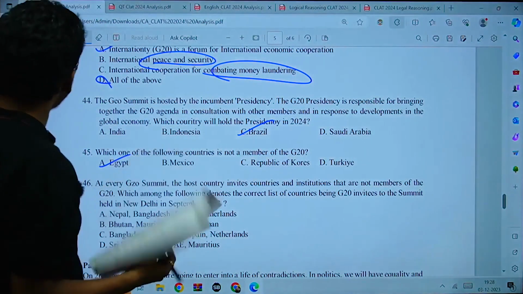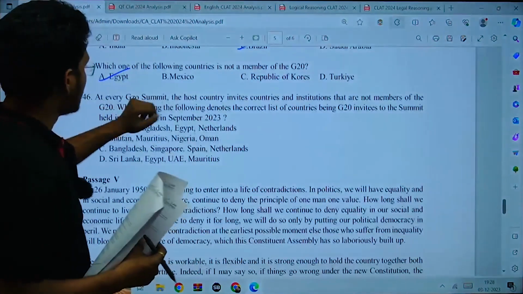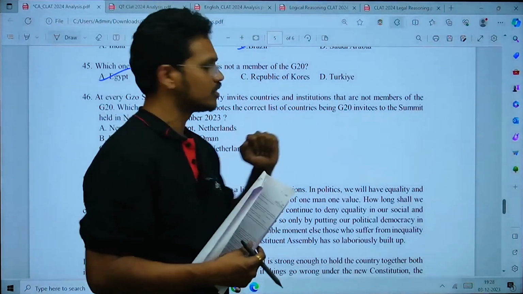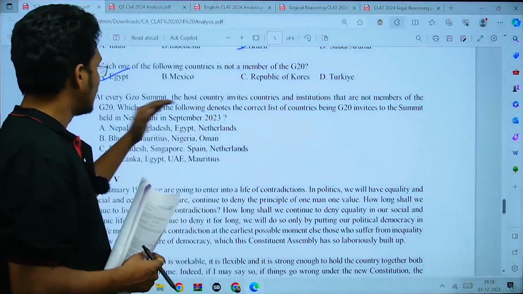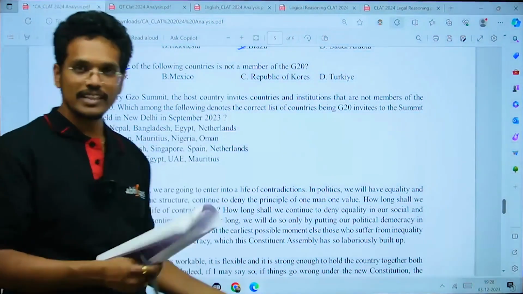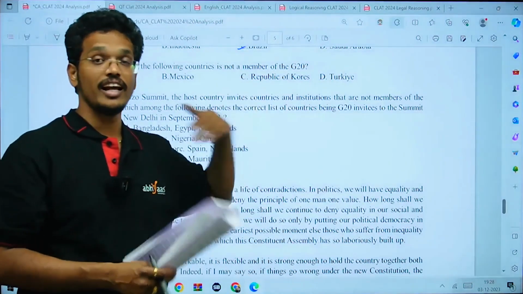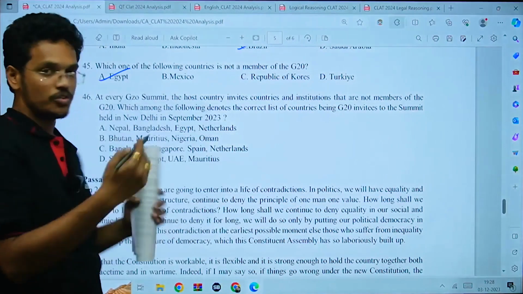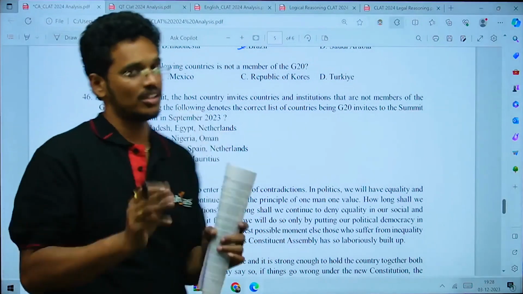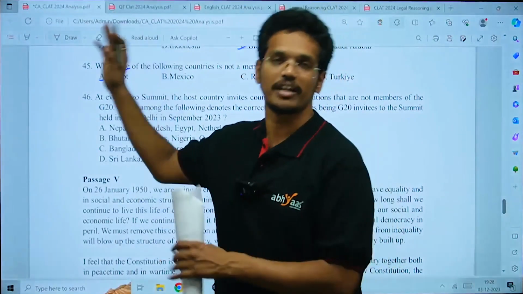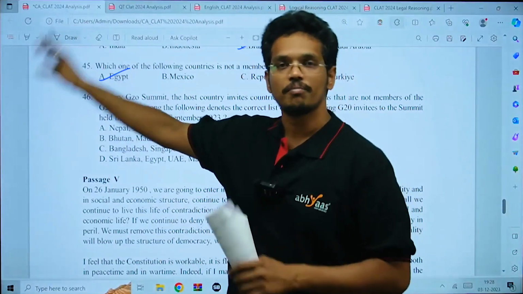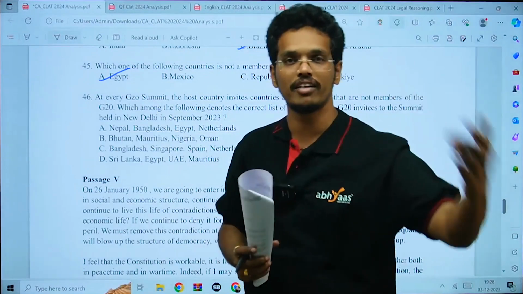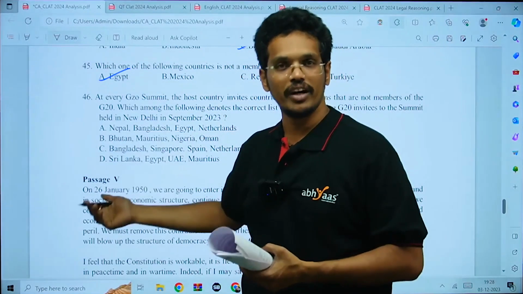Next, 46. At every G20 summit, the host country invites countries and institutions. Which countries were invited to the present G20? India invited which countries? You need to remember the countries which were invited by India. This is the most difficult question of this entire current affairs section of CLAT 2024, because we need to remember all the G20 countries as well as the invitee countries.